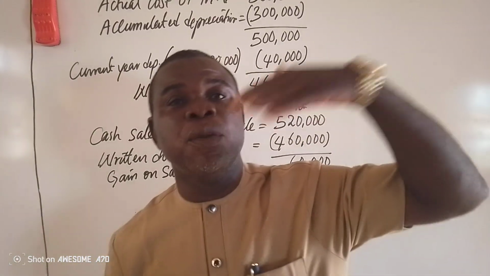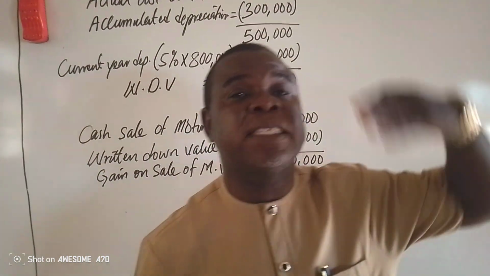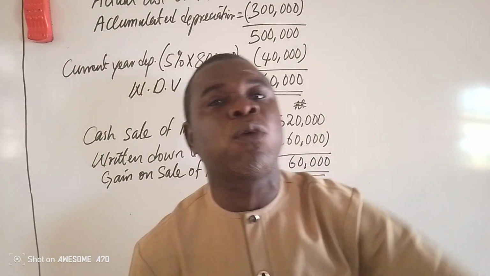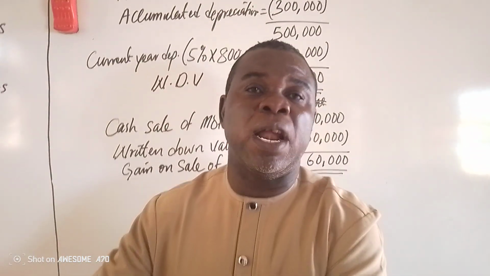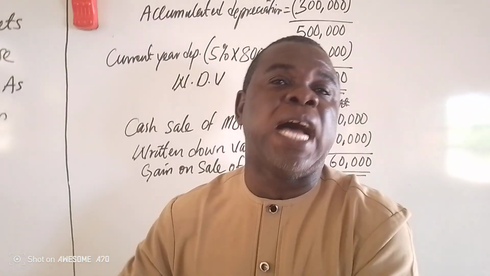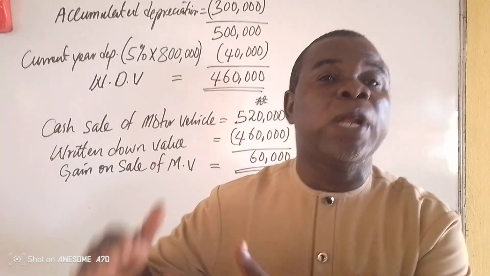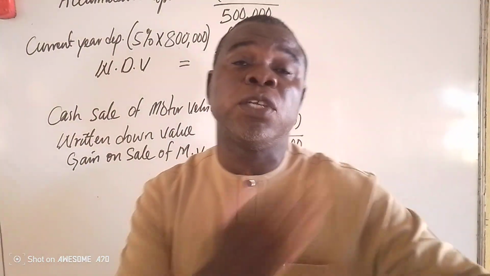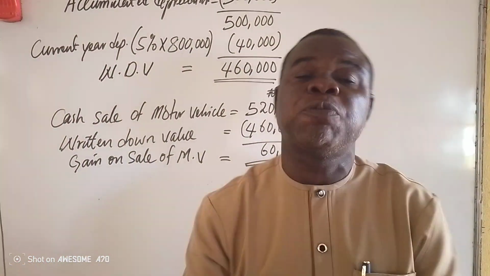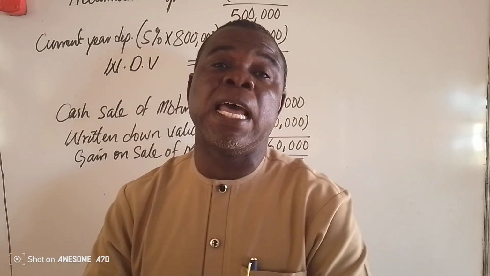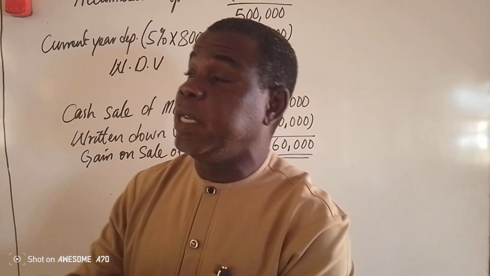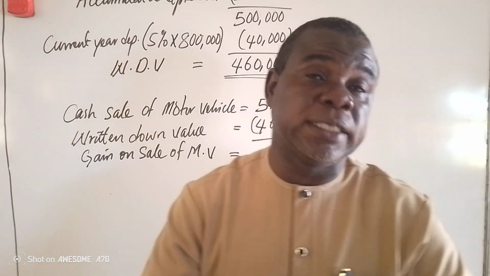So you have to calculate based on the reducing balance method from when the asset was purchased. You keep on reducing and calculating until you arrive at the correct written down value of the asset before you deduct from the sale of the asset to get whether the asset is sold at a profit or loss. That is the most salient aspect in the case of a sale of non-current assets in the business.